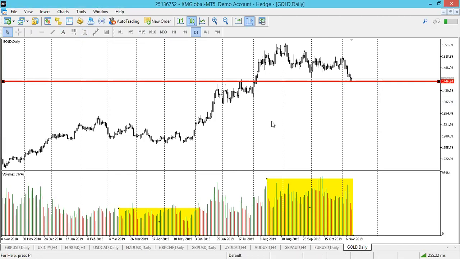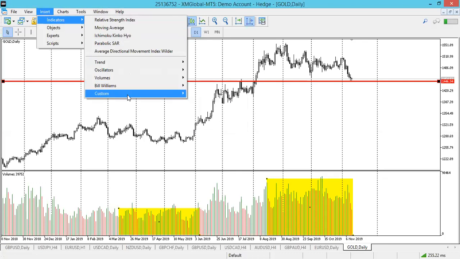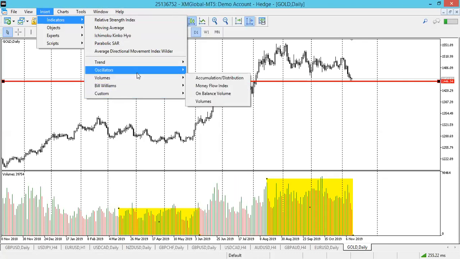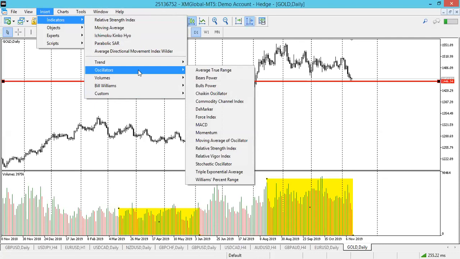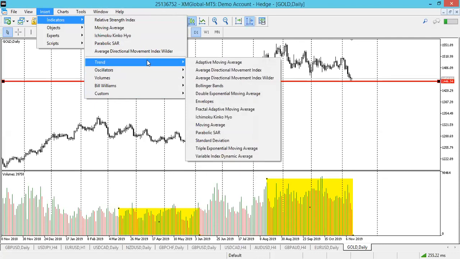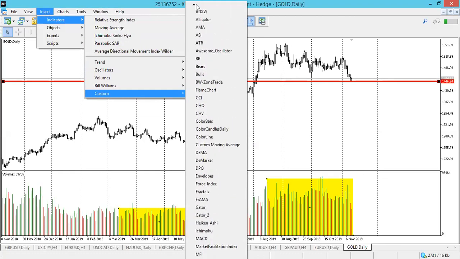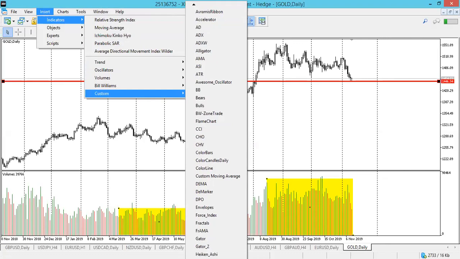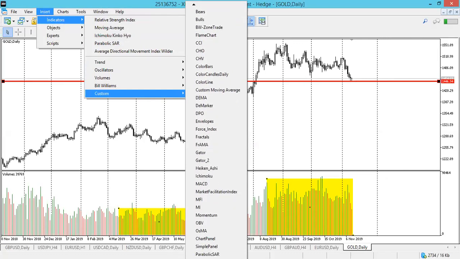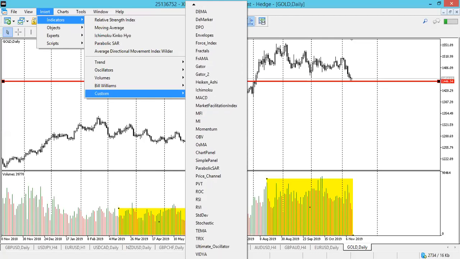Alright, just to wrap things up, a sample TDI. Honestly, I don't use TDI much. Wait, let me find it. I think the TDI is in custom. Wait a moment.